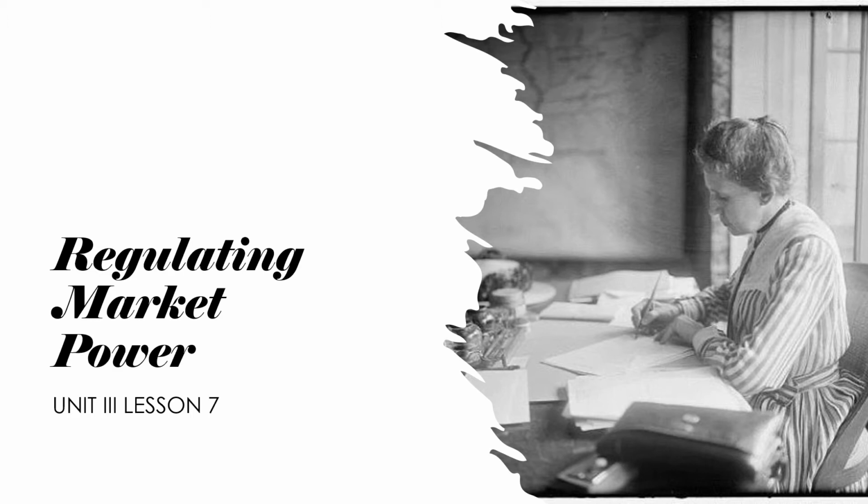The result was the adoption of government regulations meant to make society better off by promoting competition among firms. In this lesson, we'll recap the efficiency of each market structure and discuss old and new ways of dealing with problems created by market power.